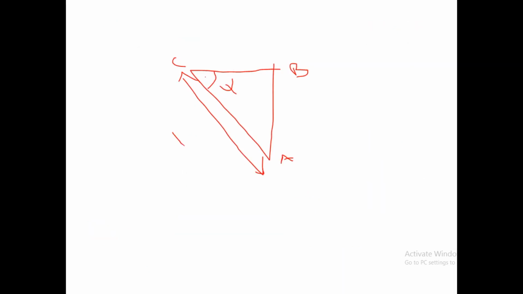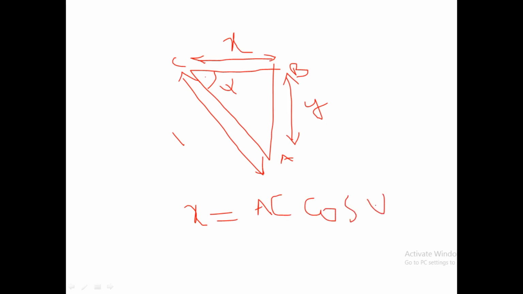When we know the hypotenuse AC, AB will be whichever side is near to psi, so X, the side near the angle, equals AC into cos psi. The side far from that angle, Y, equals the hypotenuse AC into sin psi.